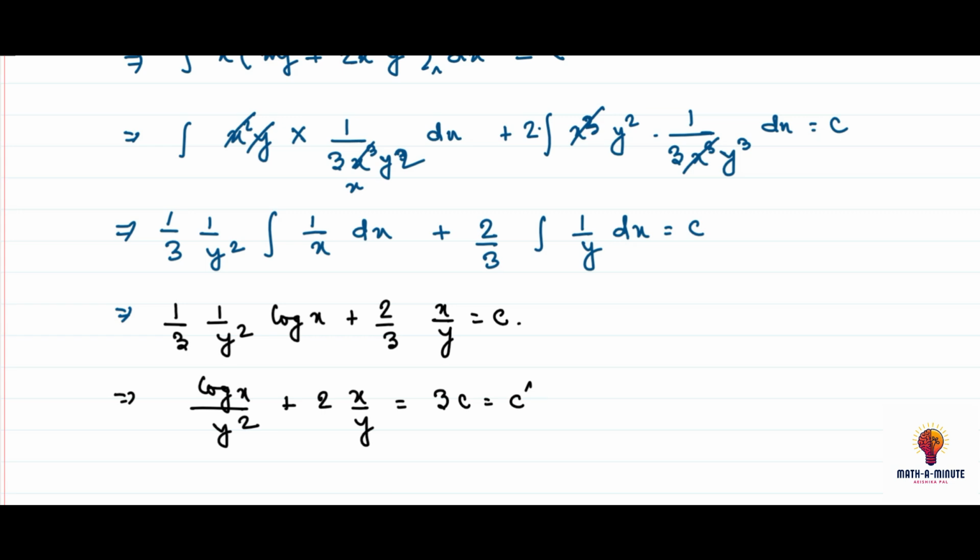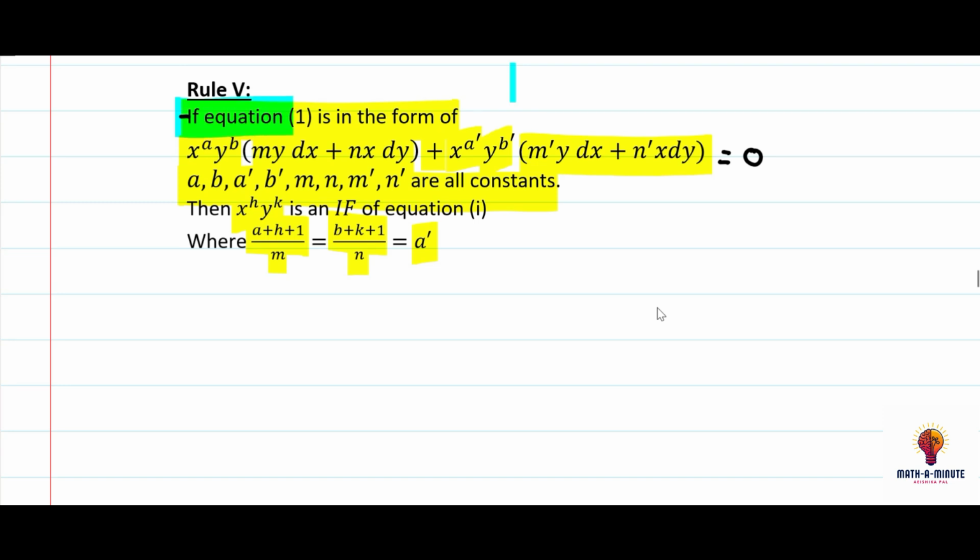So this is our general solution of the given ODE. In this way we can solve this equation. Rule 5: if the given equation 1 can be modified in the form x^a y^b (my dx + nx dy) + x^a' y^b' (m'y dx + n'x dy) = 0, where these values are all constants, then our integrating factor will be x^h y^k, where a, b, a', b', h, k, m, n follow this condition.